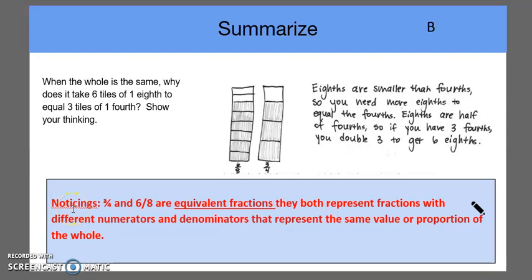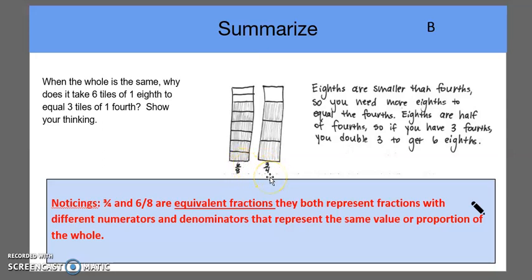Here are some noticings. 3/4 and 6/8 are what we call equivalent fractions. They both represent fractions with different numerators and denominators that represent the same value or proportion of the whole. So if we see these two examples, even though they have different numerators and different denominators, they still represent the same proportion in different ways.